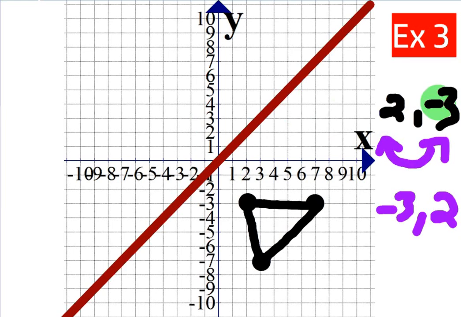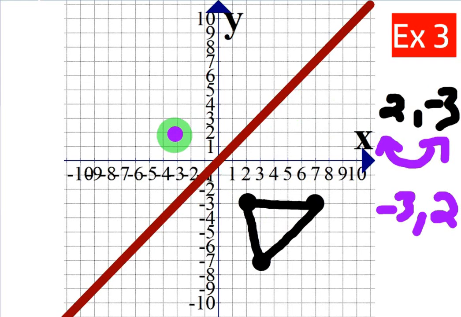And so it's going to be right here, new point. And again, if you tilt your screen sideways, which obviously you can't see me doing right now, you can see it's going to ensure that this point is the same distance away from the line as the original point. Okay, so just switch those x and y values. That will give you the new point on the other side of the line.